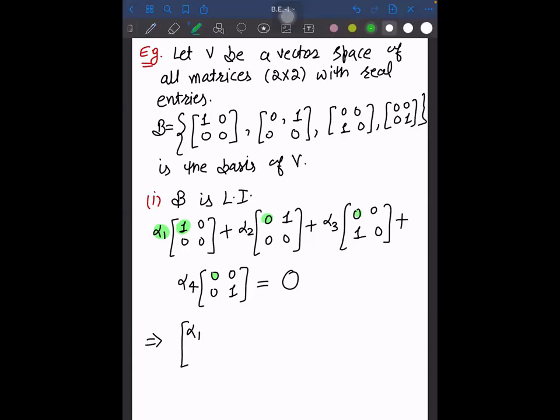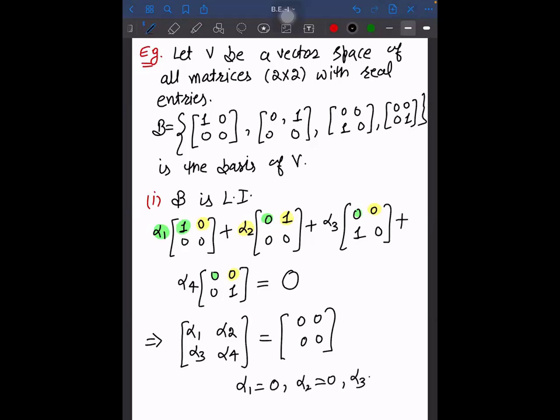Similarly, the second entry, only alpha 2 is there, so this is alpha 2. And similarly alpha 3, alpha 4, the sum equal to the null matrix. So directly alpha 1 is 0, alpha 2 is 0, alpha 3 is 0, and alpha 4 is 0. So that means your B is LI.